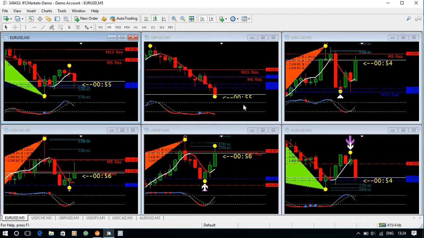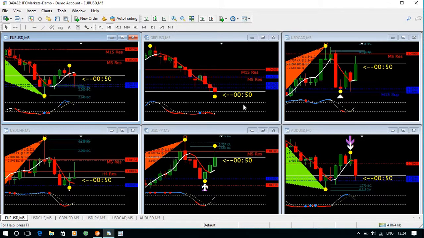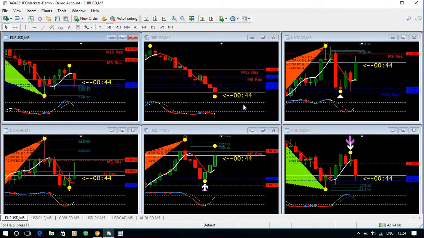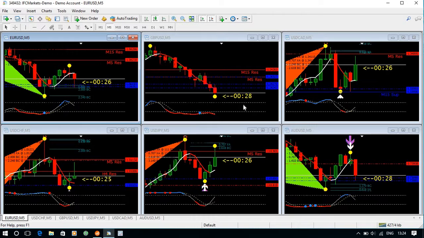With the alerts as well, when the alert box does come up, sometimes it will show you 1 or 2 movements that are happening in the market. So it does give you the chance to hit multiple buys or sells. If you're fast enough and you think you can make all of them, by all means do it, because sometimes it comes up with 4 or 5, maybe 6 indicators at the same time, 6 alerts.